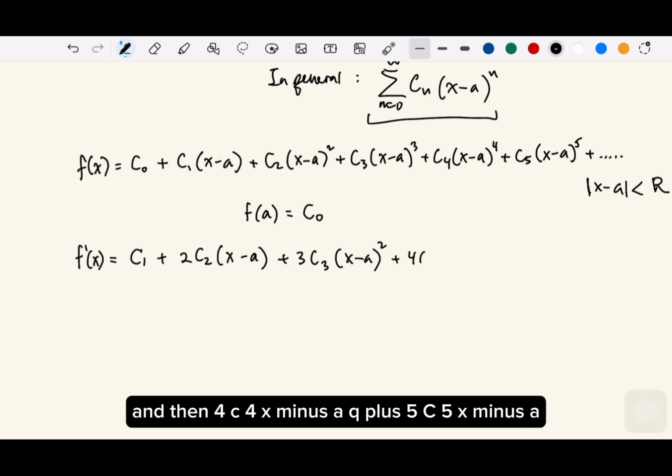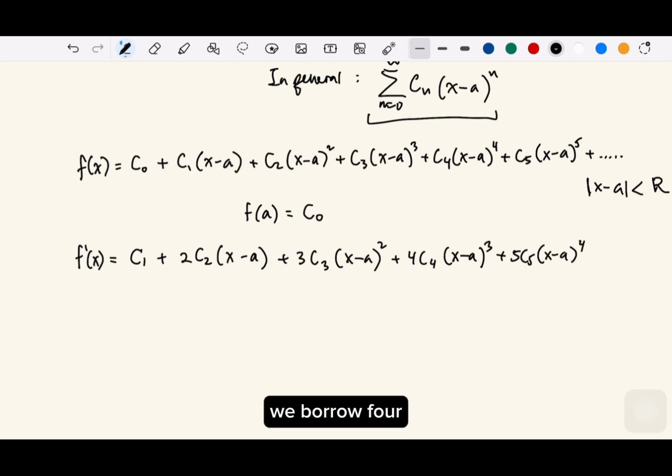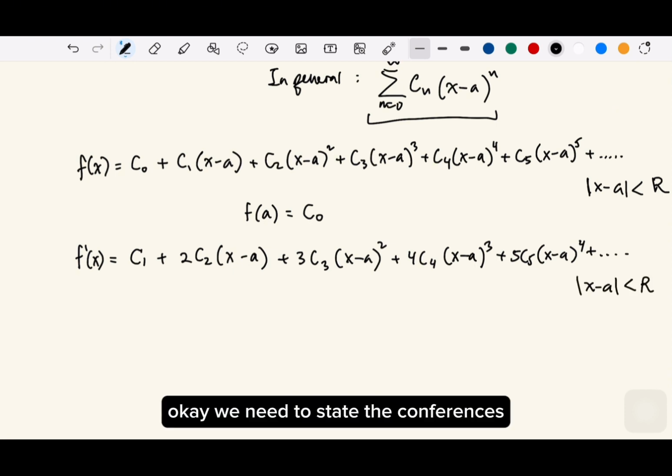And then 4 c4 times x minus a cubed plus 5 c5 times x minus a to the power of 4. Okay, and then the same, the ratio. We need to state the convergence, and then another derivative we can take.